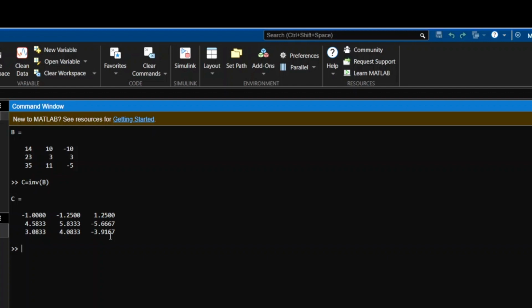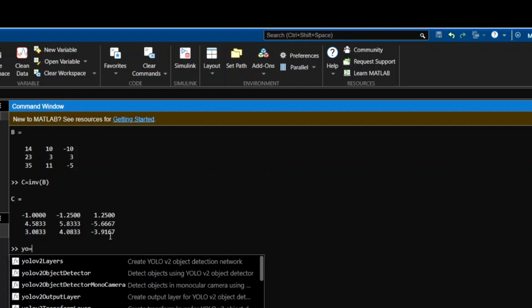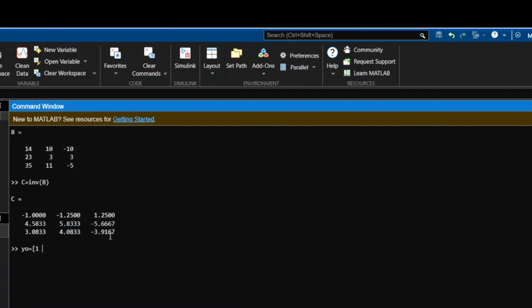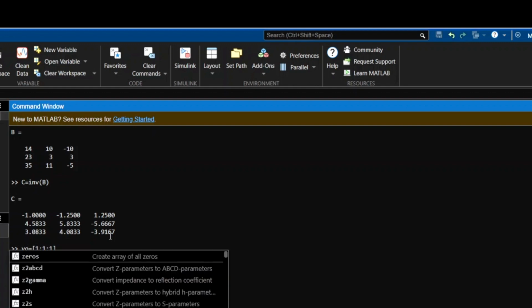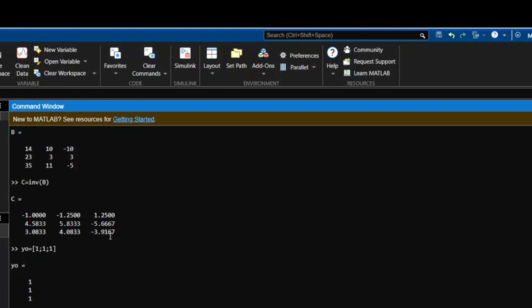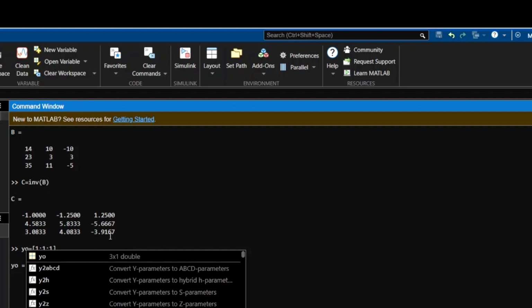So here also I will take y naught as my initial guess, which will be 1, comma 1, comma 1. So this will be my initial guess, and my Z1 will be C into y naught.